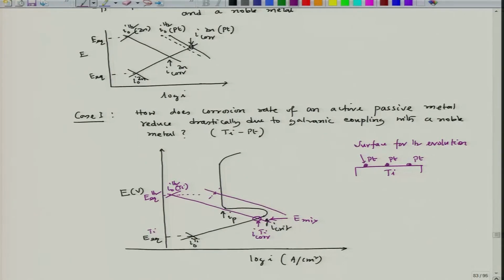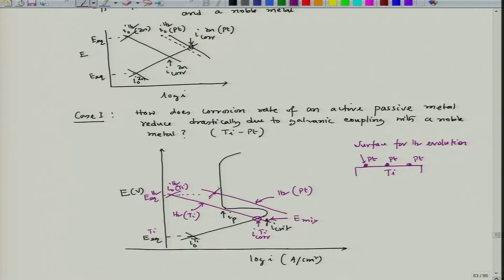So, this is the line. This is the hydrogen evolution on platinum surface, and this particular thing is hydrogen evolution on titanium surface.